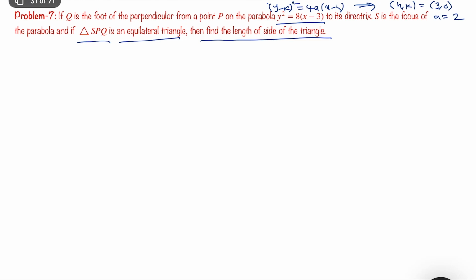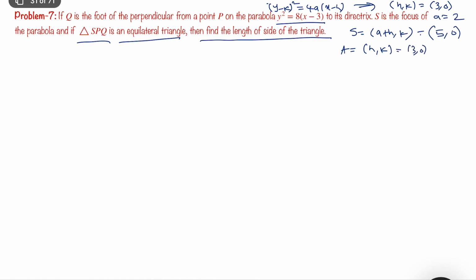So this is the equation of the parabola whose axis is parallel to x-axis and opens to the right side. So the focus is going to be a plus h comma k, but here k happens to be 0 and a is 2, h is 3. So 3 plus 2 is going to be 5 comma 0. That is going to be the focus, and the vertex is obviously h comma k, that is 3 comma 0.